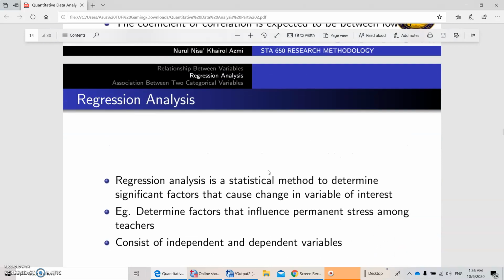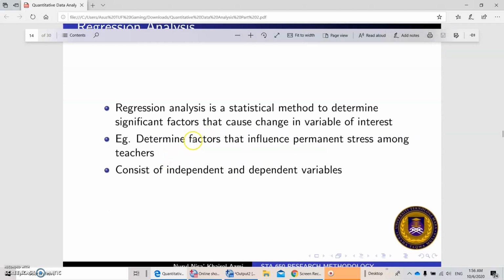And then after that, if you want to determine the significant factors that cause change in the variable of interest, you can run regression analysis. For example, determine factors that influence permanent stress among teachers. So we can use the regression analysis.